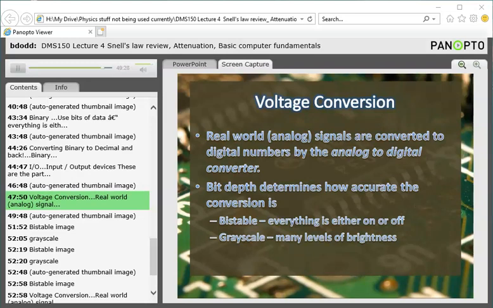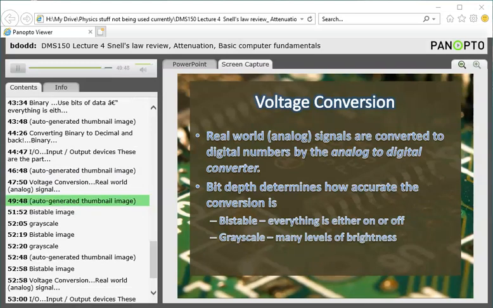All right? So if we say that the high voltage here is 256, and the low down here is 0, to the computer it has to be somewhere between 0 and 256, and it can't be 128.5. It has to be 128 or 129.